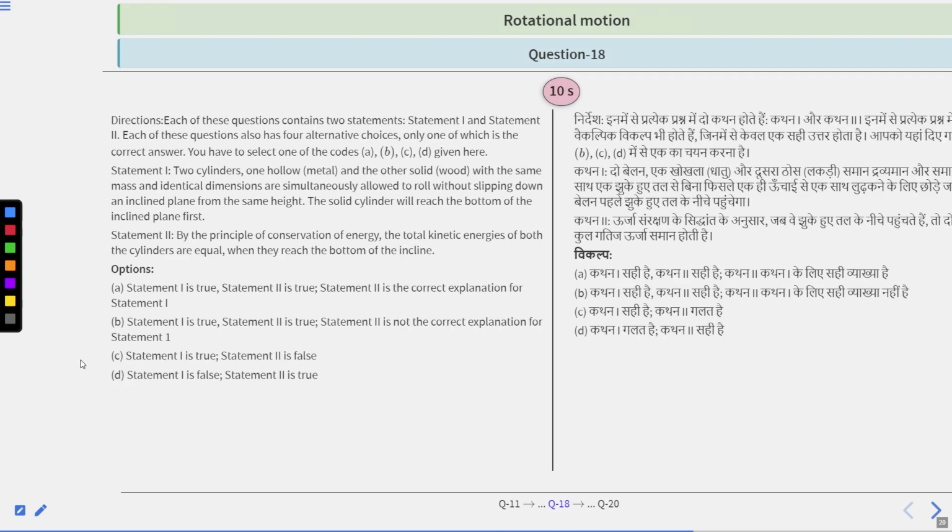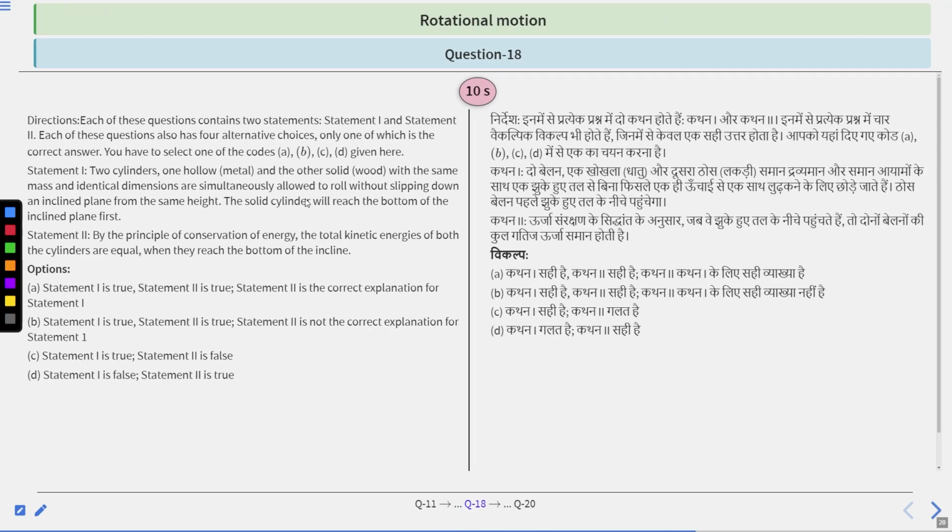Next question, question 18. This is an assertion and reason type question. Directions: each of these questions contains two statements, statement first and statement 2. Each of these questions also has 4 alternative choices, only one of which is the correct answer. Clear? You have to select one of the codes A, B, C, D given here.